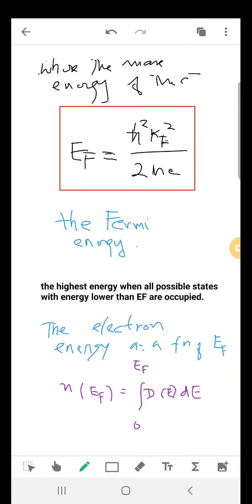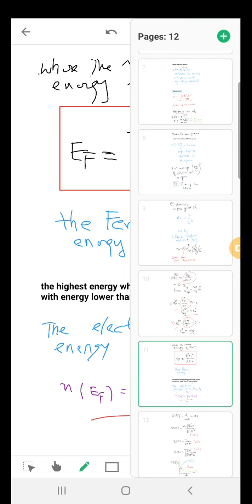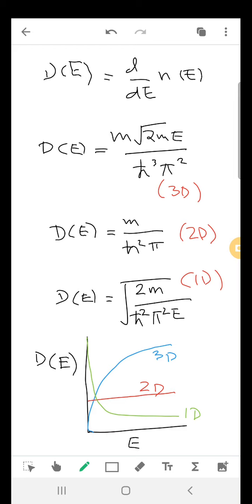Now the maximum energy is of course h cross squared k squared by 2m_e. This is the Fermi energy, the highest occupied energy level, and below this energy all states are occupied. The electron density as a function of Fermi energy can be expressed in this fashion, and the density of states is equal to dn by dE.